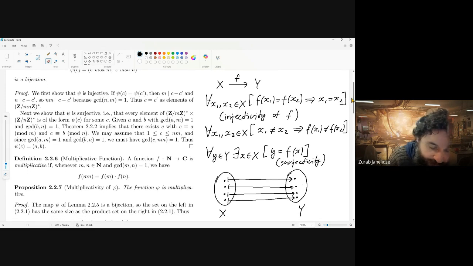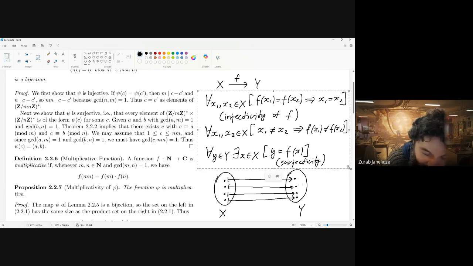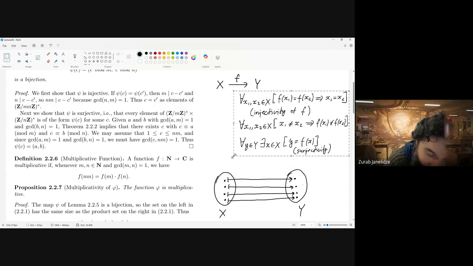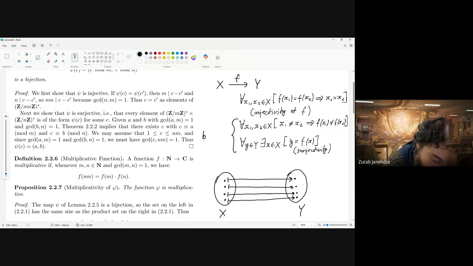All right, so this is just recalling the concept of bijection, which you might have already seen before. It's a combination of injectivity and surjectivity. So the two properties together define when a function is bijective.